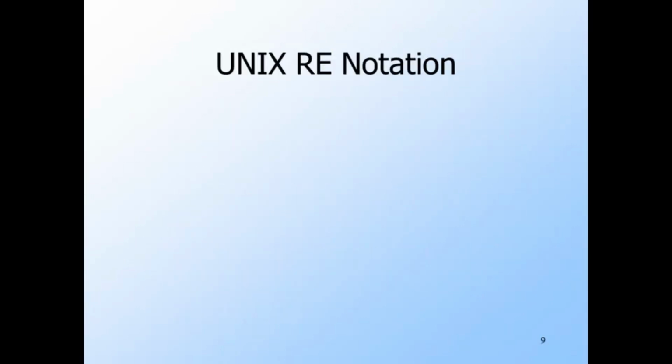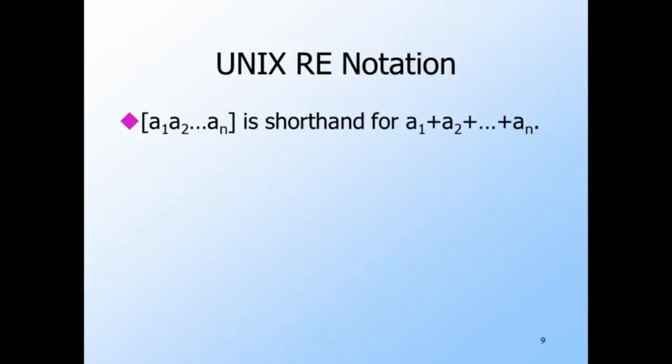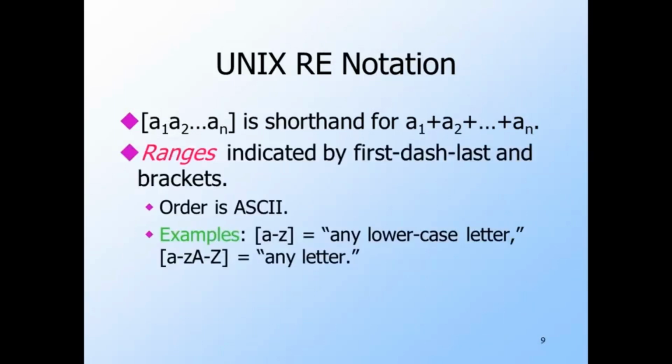We're now going to meet some of the Unix extensions to regular expressions. You can put brackets around any list of characters as a shorthand for the same characters connected by plus signs in the notation we have used until now. You can also describe a sequence of symbols that are consecutive in the ASCII order of characters by giving the first character a dash and then the last character.